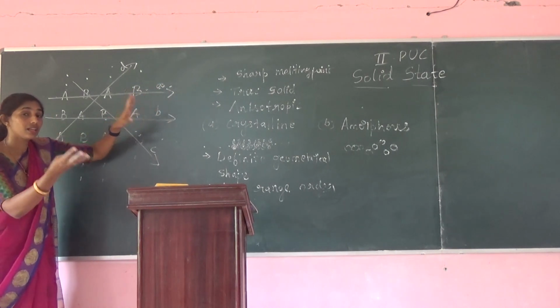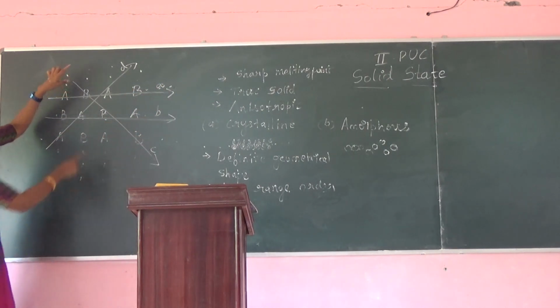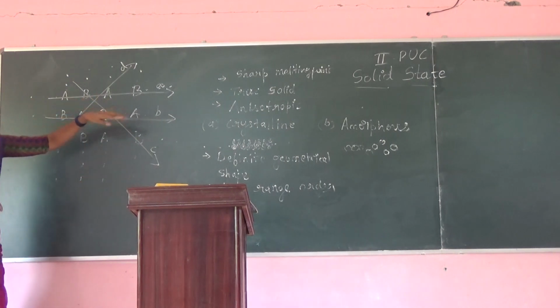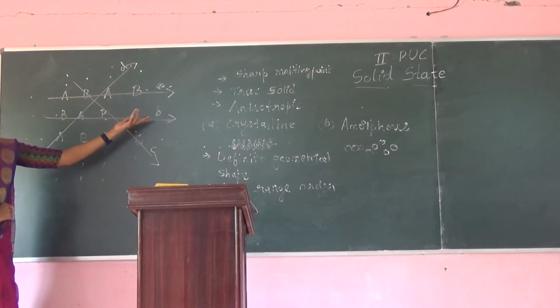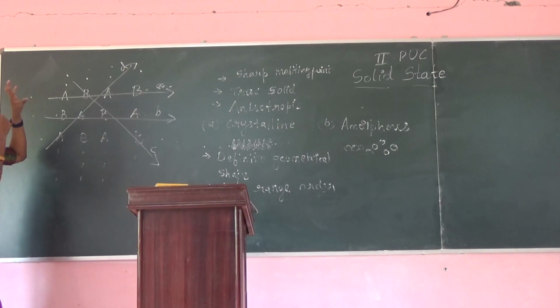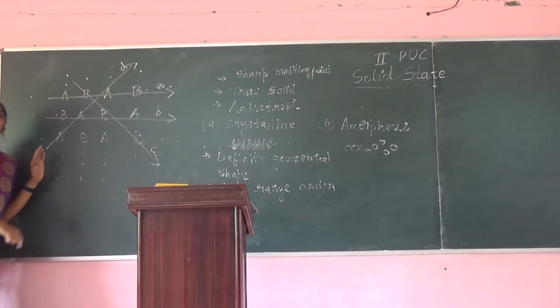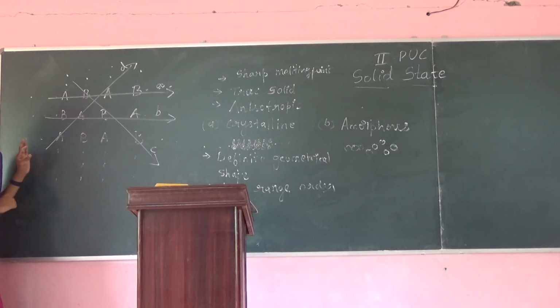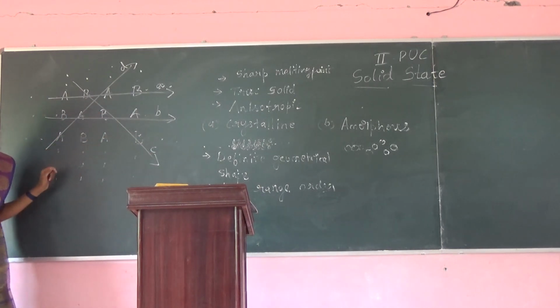Again, in this direction B it is a BABA pattern, and there is a change in the physical property. Therefore, we can observe a different melting point, thermal conductivity and electrical property, and in this direction the AA pattern again gives a different physical property.